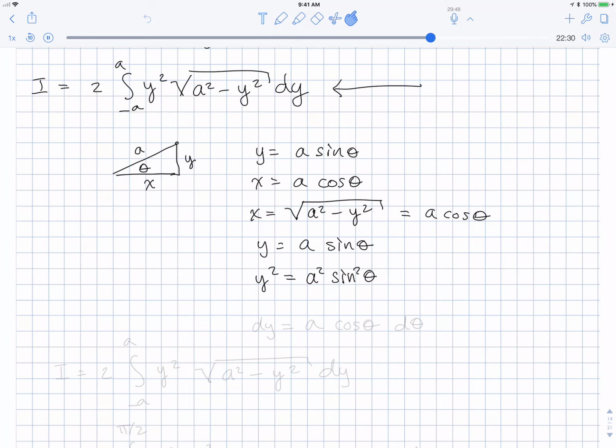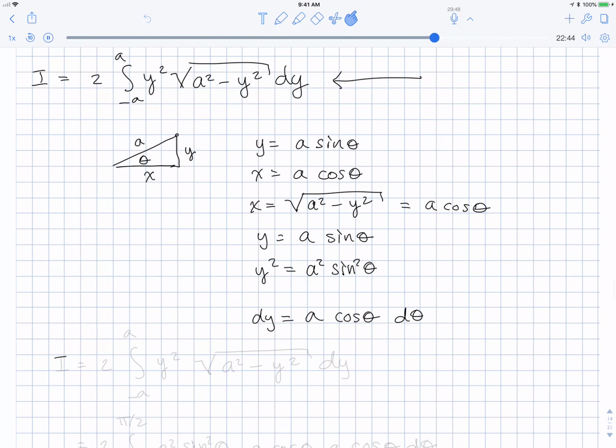And we will also get that dy equals a cos theta d theta. Okay, so we're now ready to do the integral. I equals 2 integral minus a to a y squared square root a squared minus y squared dy.